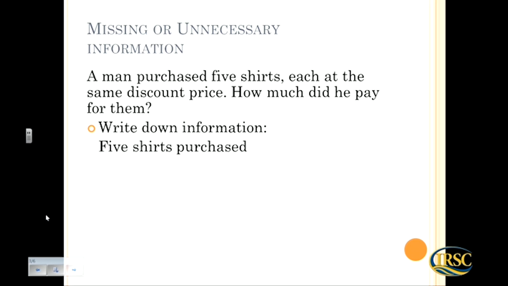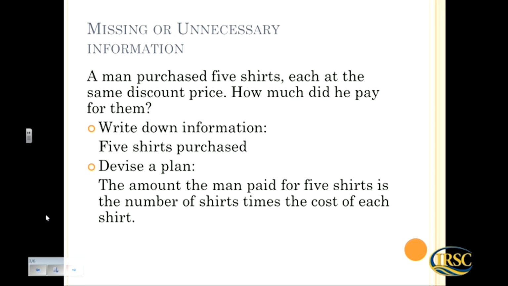I had 5 shirts. Okay, to solve this problem, if I was going to find out how much he paid for them, I would need to take the 5 shirts, and if you find out how much you paid for stuff at the counter, you take the number of shirts and you multiply it by how much they cost, right?